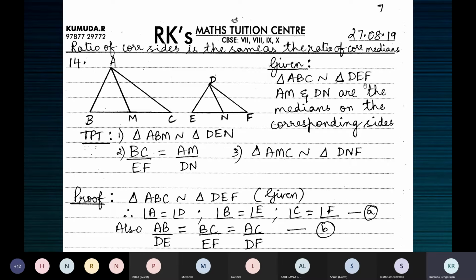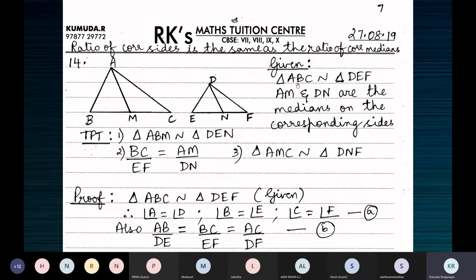When these two triangles are similar, it means their corresponding angles are equal. Angle A is equal to angle D. Angle B is equal to angle E. Angle C is equal to angle F. In two similar triangles, corresponding angles are equal. Also, in two similar triangles, corresponding sides are proportional.